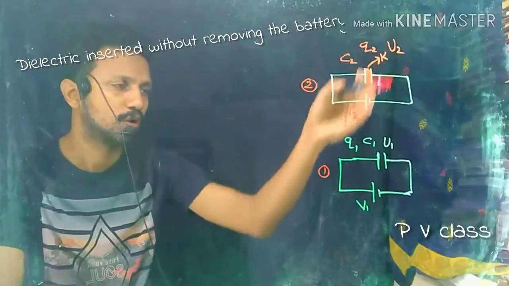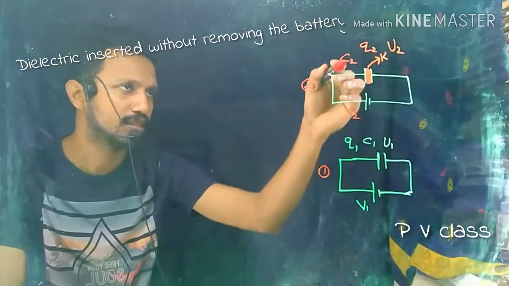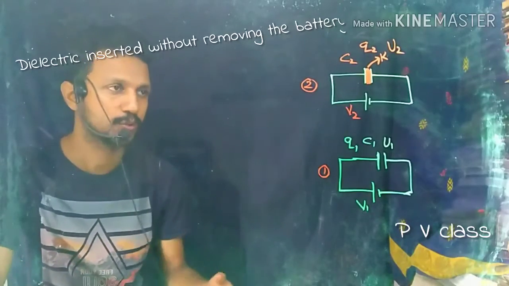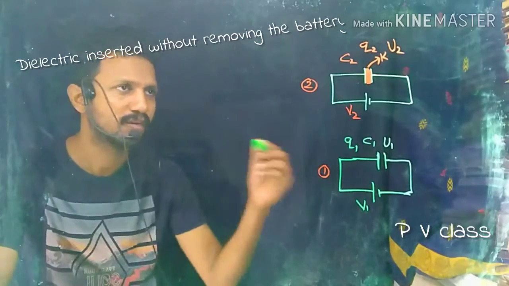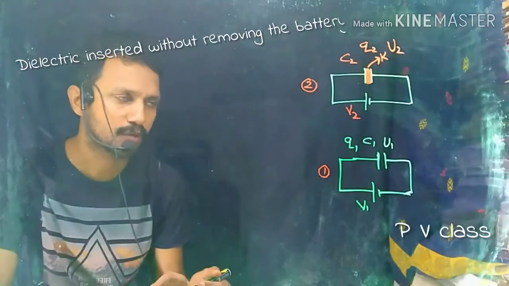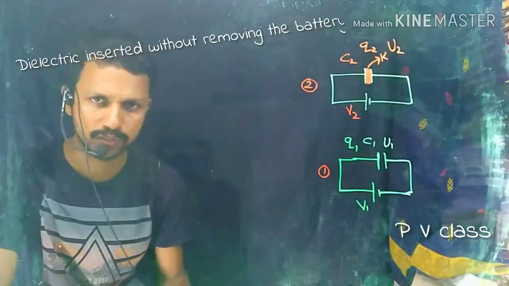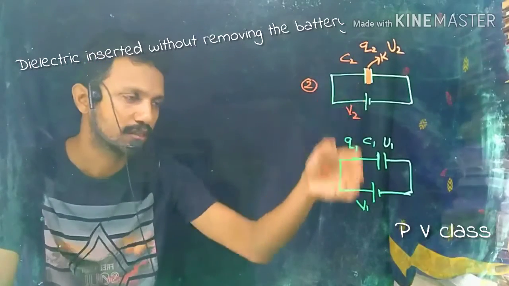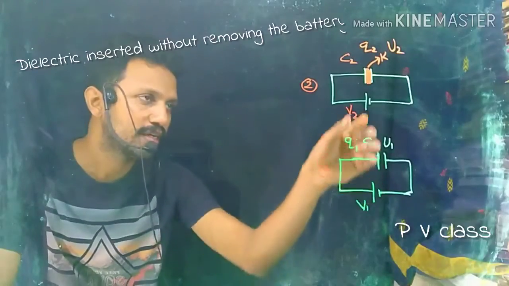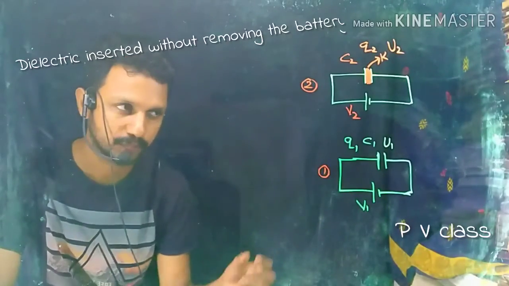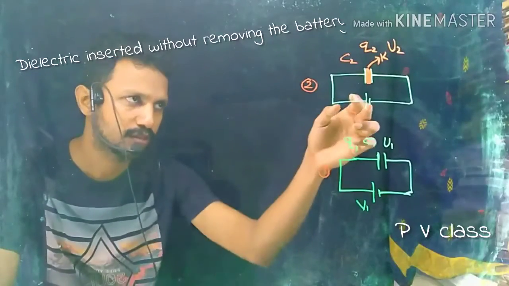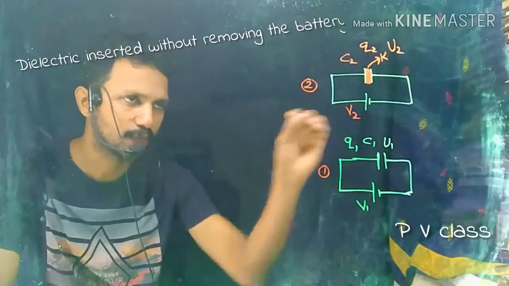We have to formulate the relation between energy, capacitance, charge and potential. In order to do that, let's find what is constant in cases 1 and 2. Yes, we didn't remove the battery, so there is no change in the battery.